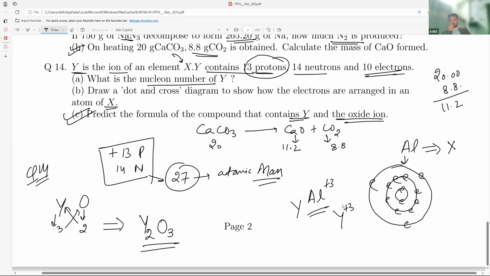And it is asking for the electron cross structures. Done, sir.